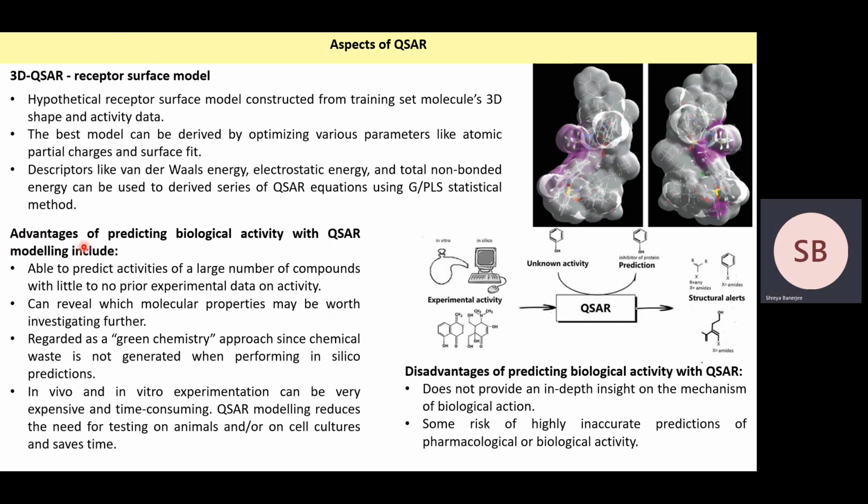Now we will shortly talk about the different advantages and disadvantages of predicting biological activity with QSAR modeling. Firstly, the advantages. QSAR is able to predict activities of a large number of compounds with little to no prior experimental data on activity. How does it do that? From QSAR, you get a structure activity relationship.